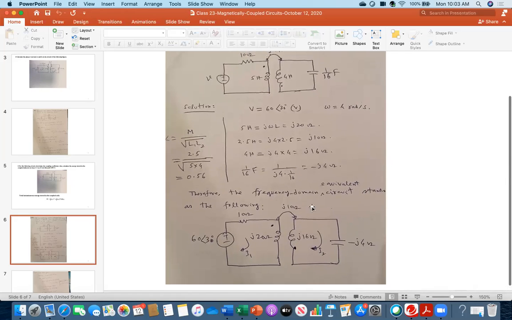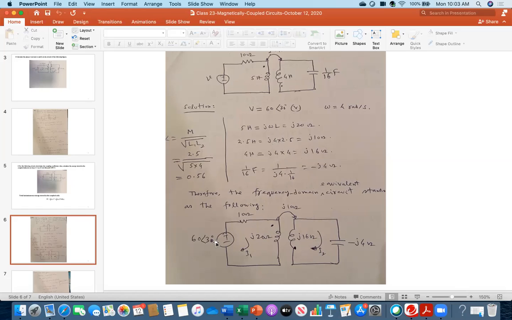Yes. Still, we did not apply the magnetic coupling or the mutual voltage. We did not write the equation. From here, I just constructed this circuit, and I am just showing the calculation so that you understand: j omega L, j omega L, j omega C. From the original circuit, I am converting into the phasor or frequency domain.